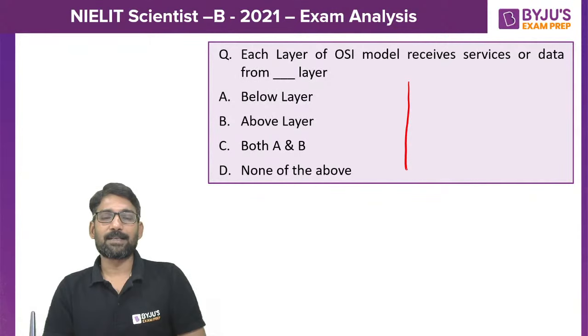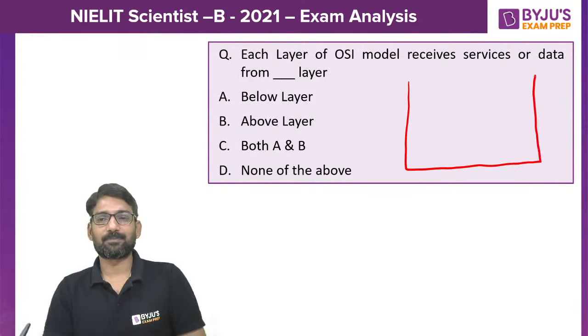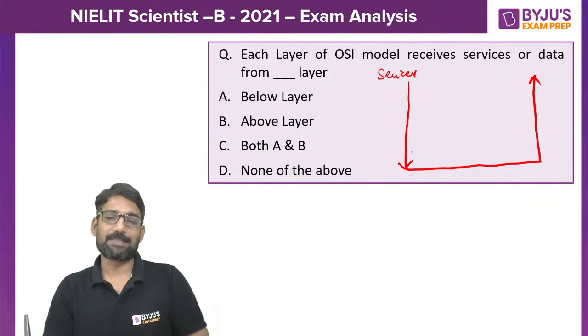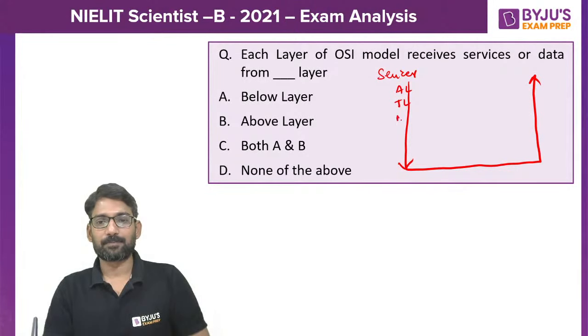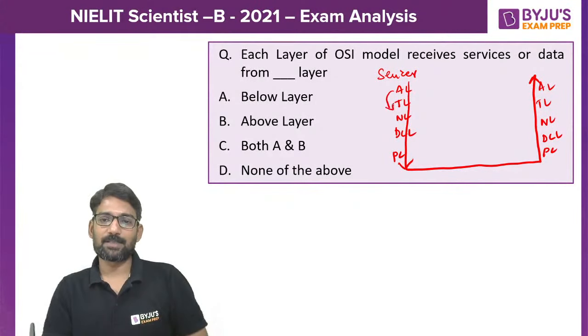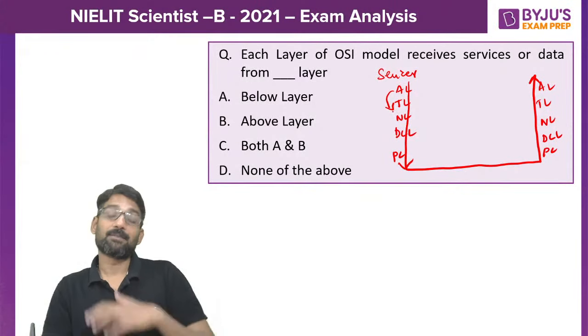So at the sender site, the data flows in the downward direction from the application layer towards the physical layer. And on the receiver side, the data goes from the physical layer towards the application layer. So the transport layer gets the data or services from the application layer, meaning the upper layer.